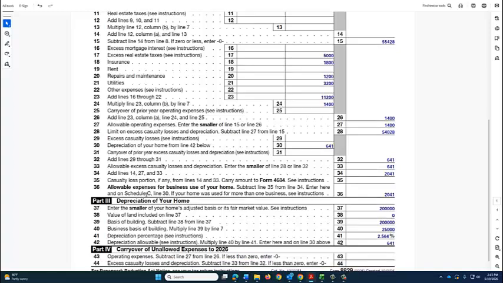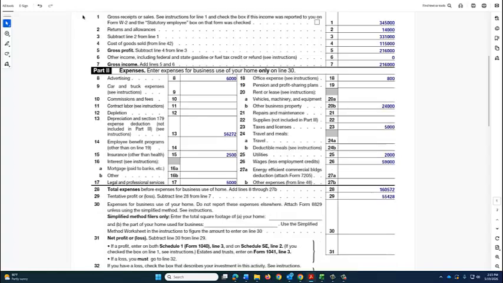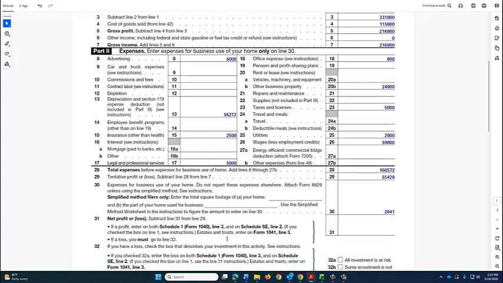And then on line 36, we're going to actually get our allowable expense for the business use of the home, and that's $2,041. So we're going to carry that back over to Schedule C, line 30. So we'll put the $2,041. Now we can enter the net profit or loss.